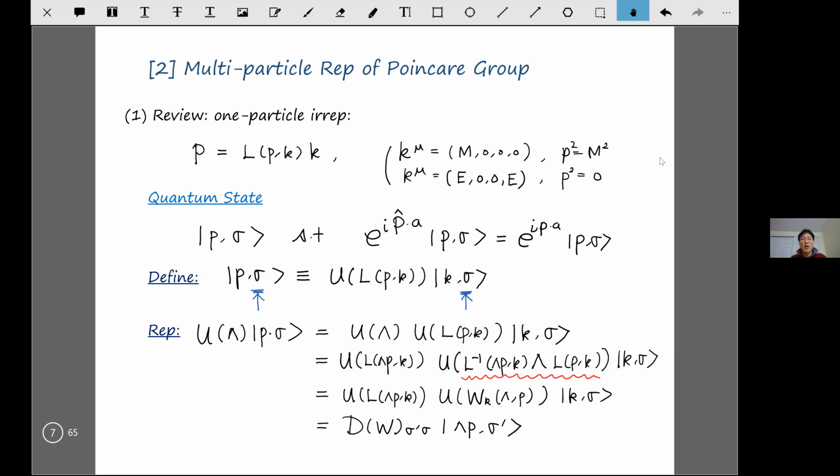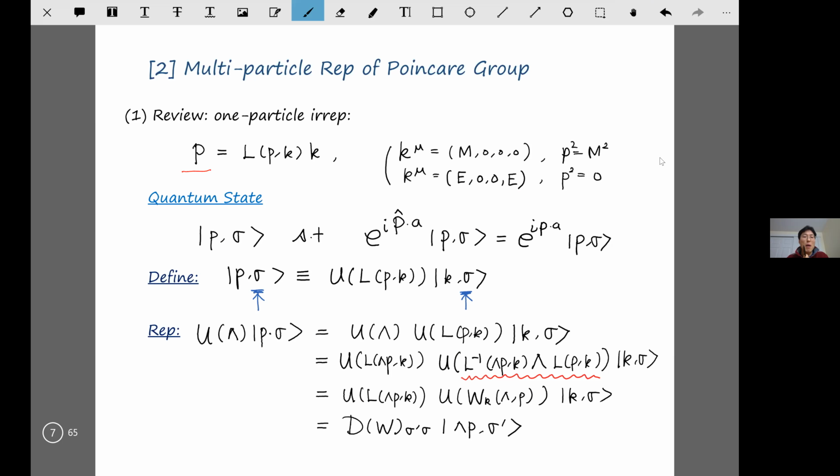Here I'm giving you a super quick review of, first of all, the one-particle representation. I'm interested in the representation of the Poincare group for a particle with momentum p, and then I'm going to be boosting that to a reference frame, which I call K. This is the boost that brings a standard momentum K to, say, the original momentum P of the particle.